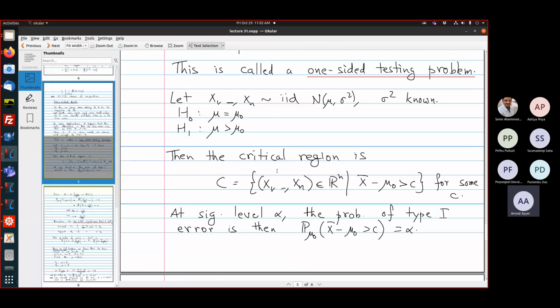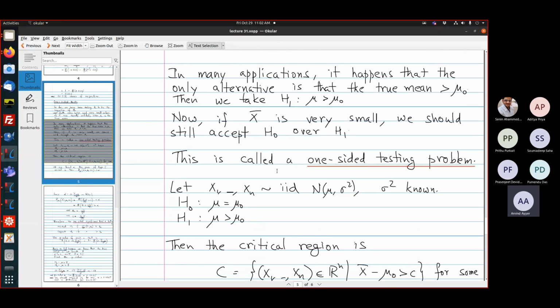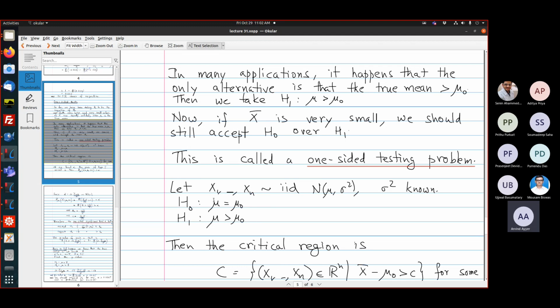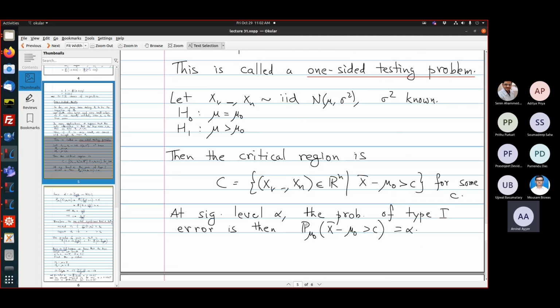So remember what we were discussing. We have an IID normal sample, and we want to test the null hypothesis that mu is some given number mu naught, as opposed to the alternative hypothesis that mu is greater than mu naught. This kind of situation has many applications, as I will show you presently.